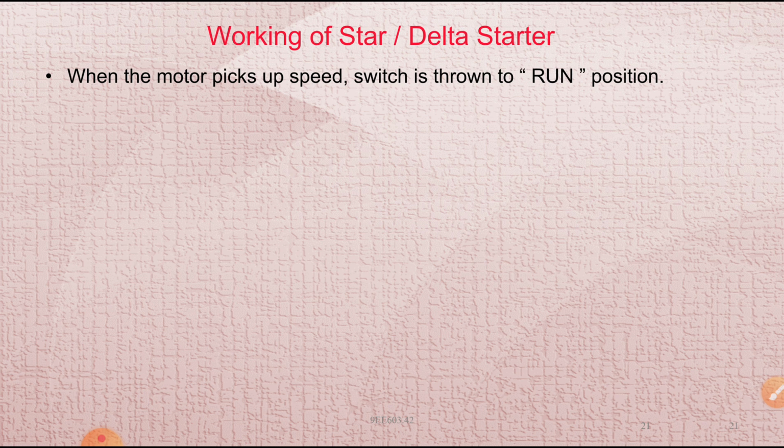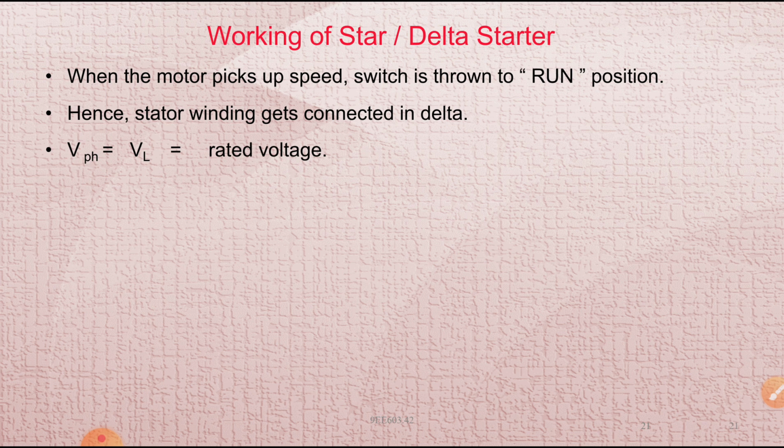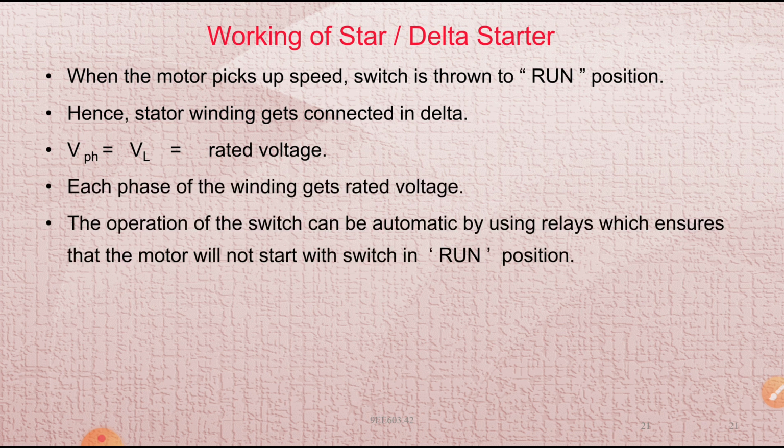The operation of the switch can be automatic by using relays, which ensures that the motor will not start with the switch in run position. That's why its cost is cheap compared to the auto transformer starter, which is bulky in size. So, these are some benefits of the automatic star delta starter.